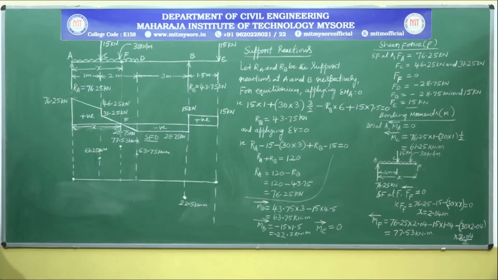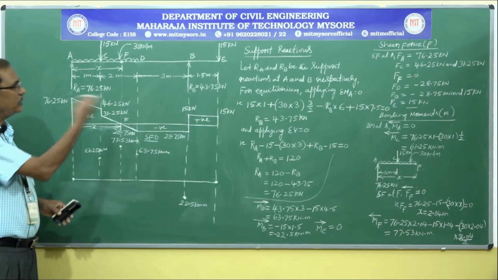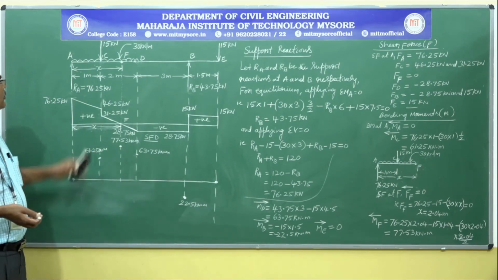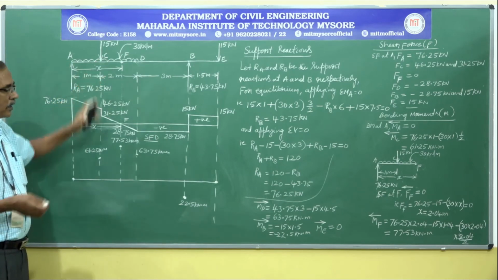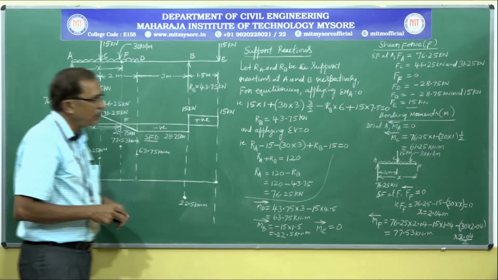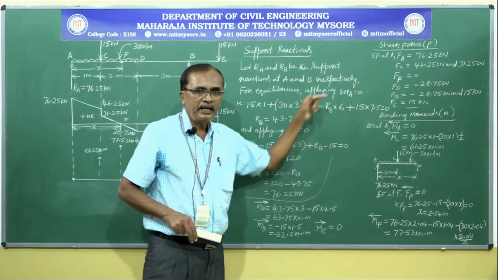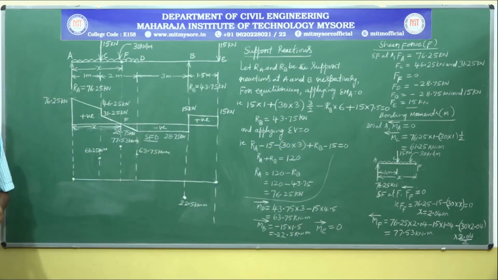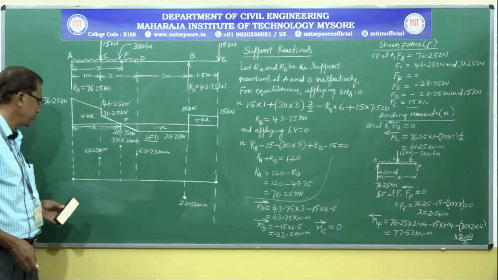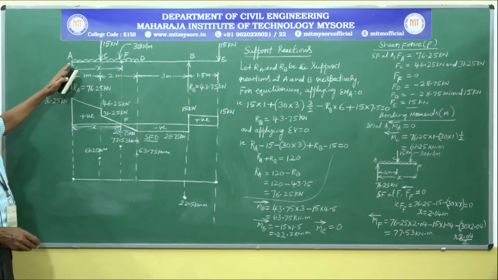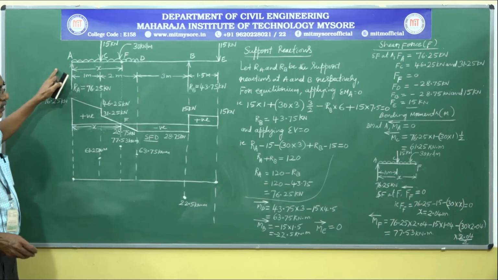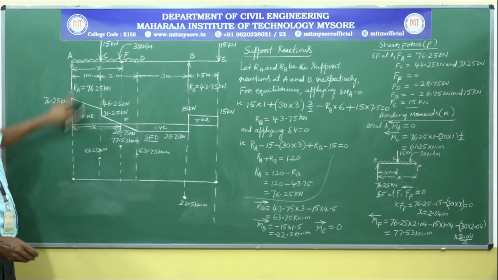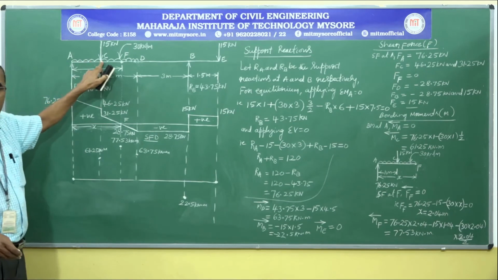To draw bending moment diagram, we know the variation of bending moment diagram for various loading conditions. In whatever order we calculated bending moment, in the same order let us draw the bending moment diagram, joining points by points. At point A bending moment is 0. Between A and C there is a UDL.